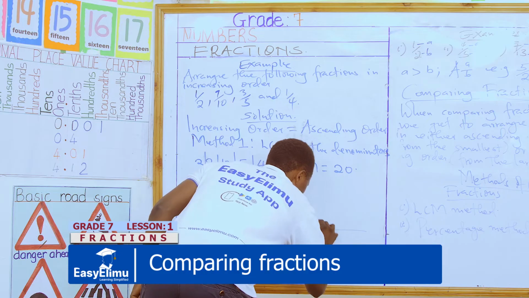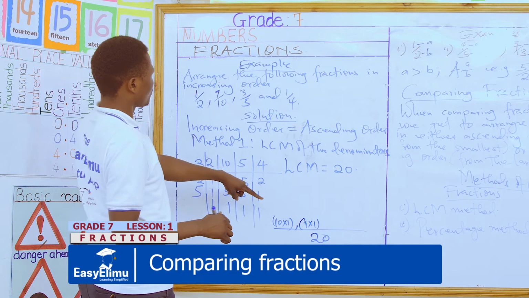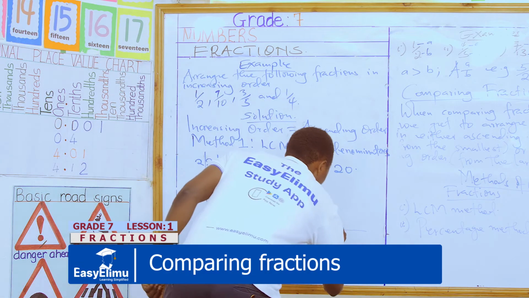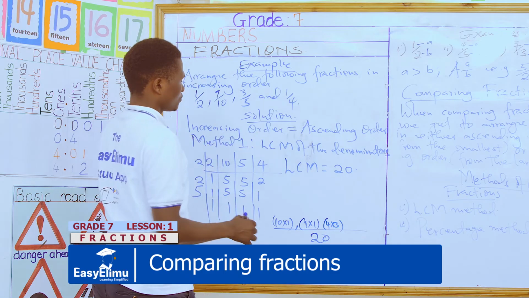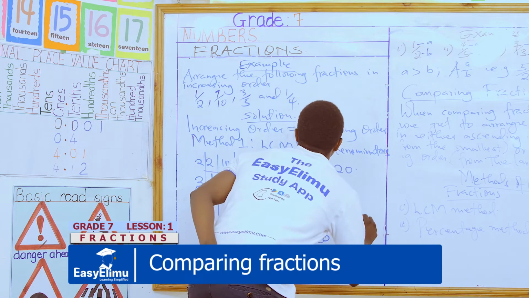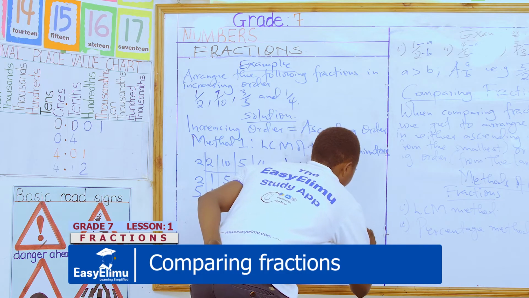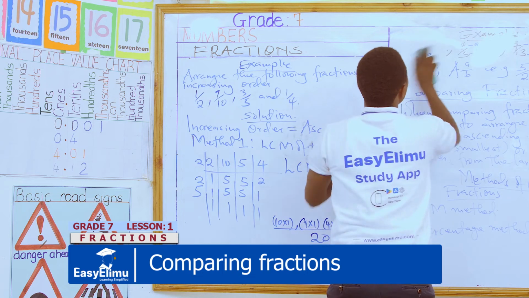Then 5 into 20, 4 times 3. And finally 4 into 20, 5 times 1.